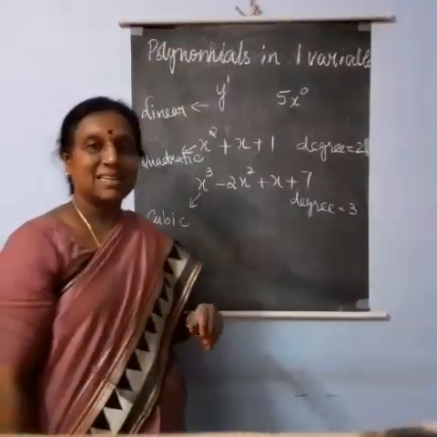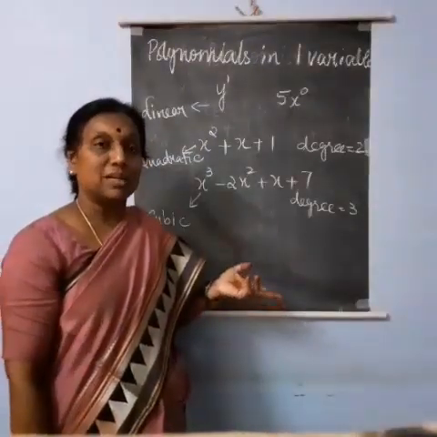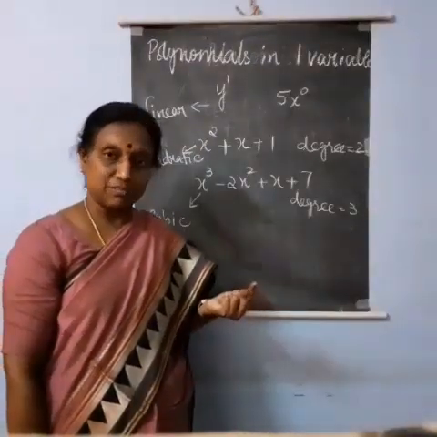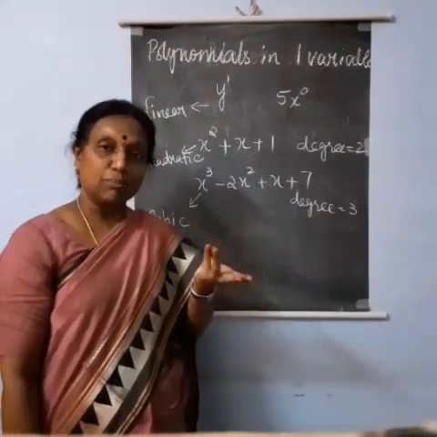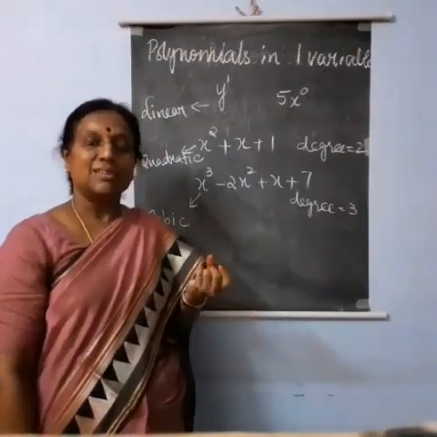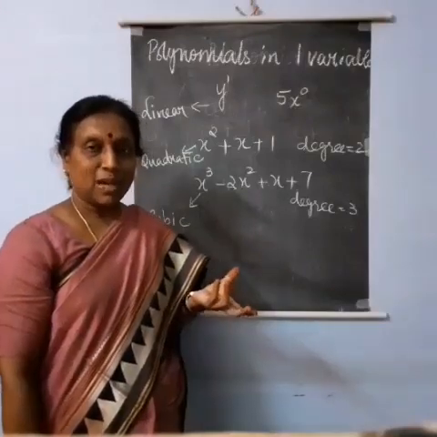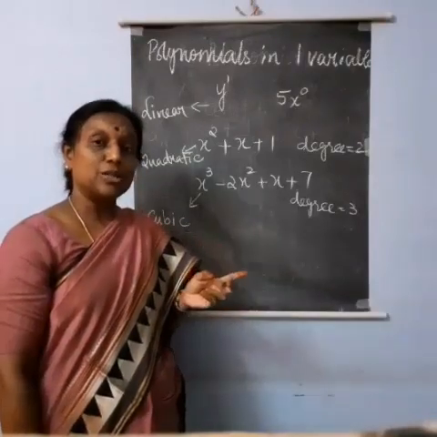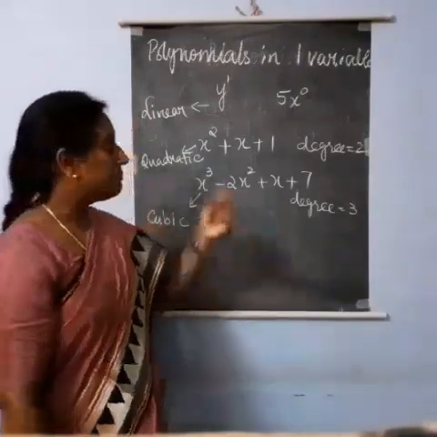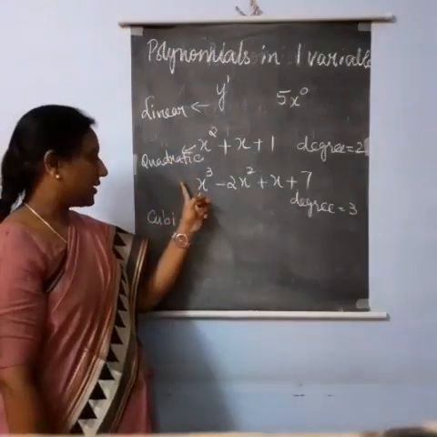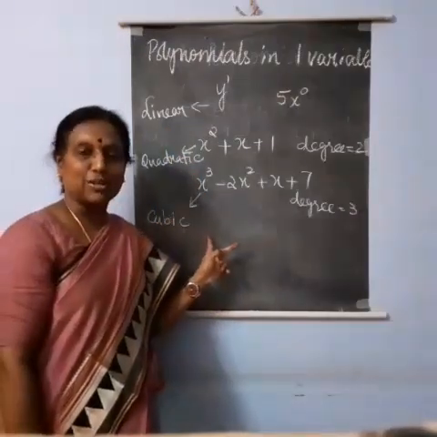Do you understand? So we can classify polynomials according to the number of terms. In that case, we call them monomial, binomial, trinomial, polynomial. When we classify them according to their degree, it becomes linear, quadratic and cubic polynomials.